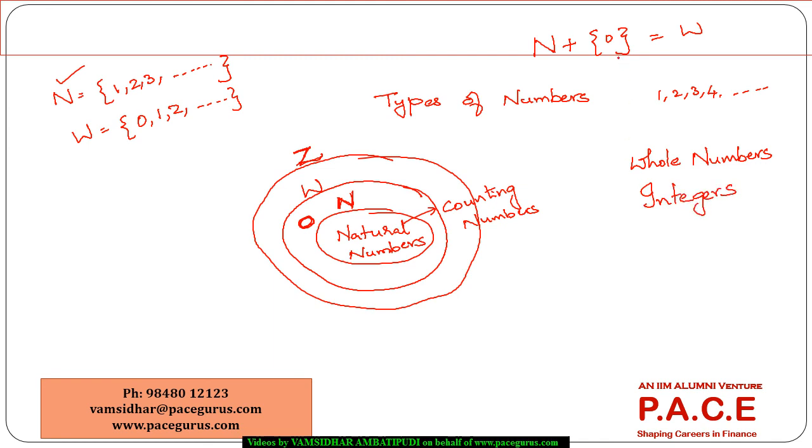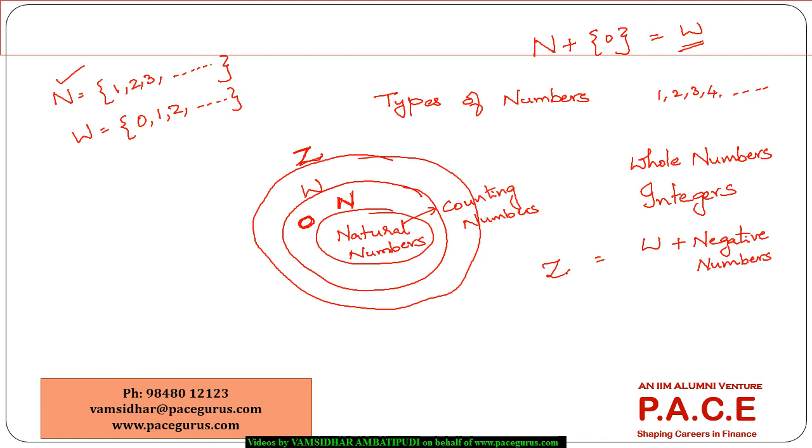So if I look at whole numbers, they are from 0. But along with the whole numbers, if the negative numbers are also considered, that is what will become the group of integers. So integers contain all positive counting numbers, all negative numbers, along with a 0.